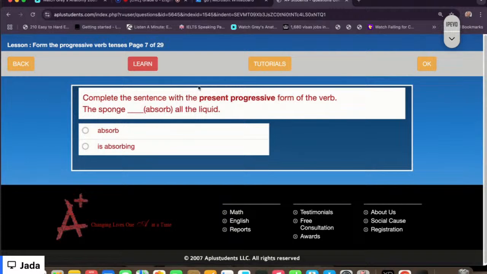The sponge absorb all the liquid. So the sponge is absorbing all the liquid.